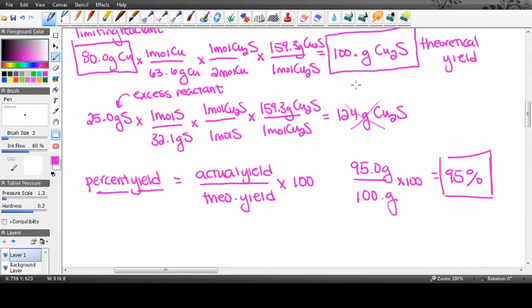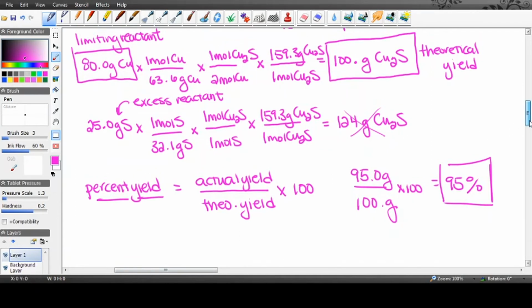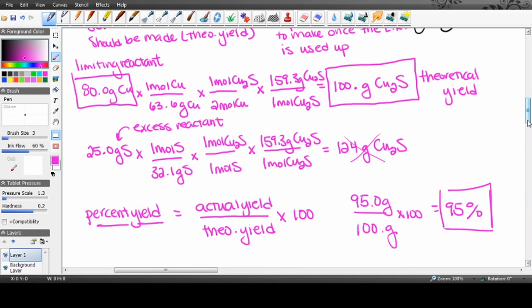The reason why I think this is the most efficient method is most of these problems end up asking you about percent yield anyway, so it's helpful to just go ahead and calculate the theoretical yield and the limiting reactant all at once. But we will talk a little bit more next week about how we can do limiting reactant problems by comparing the amounts of reactants to each other. So you have that to look forward to.